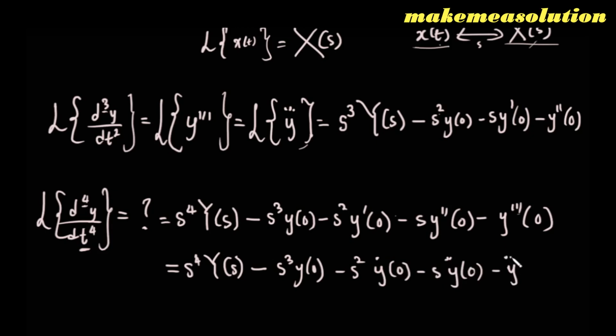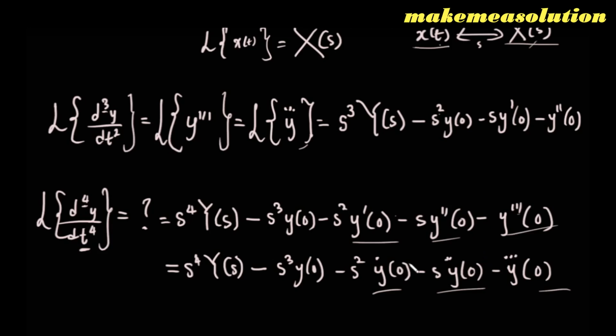Y dots dots dots of 0. These are similar symbols, but those of us doing courses like control theory will most of the time find the use of y dots dots and y dots dots dots instead of y prime and y prime prime prime. So it's all about flexibility, whichever one you get to use, it's not bad.